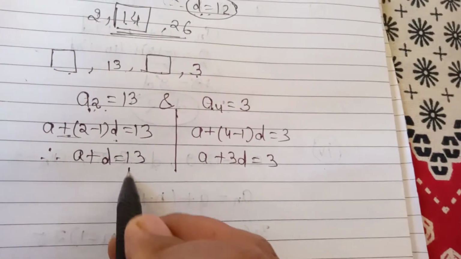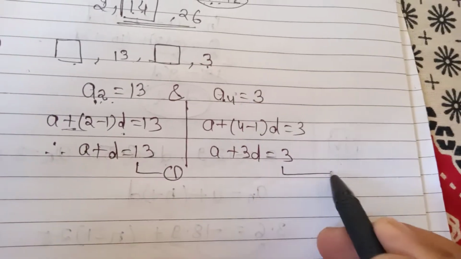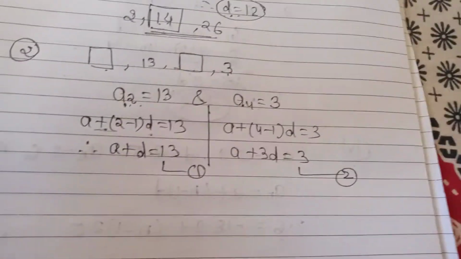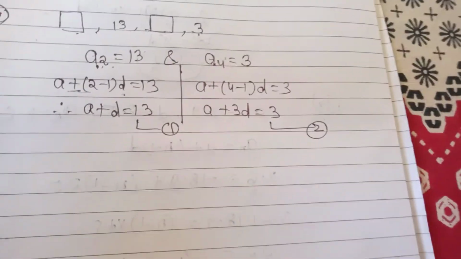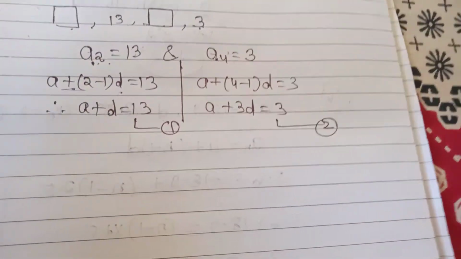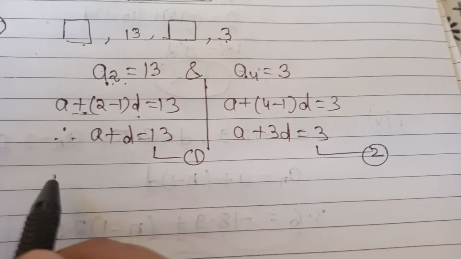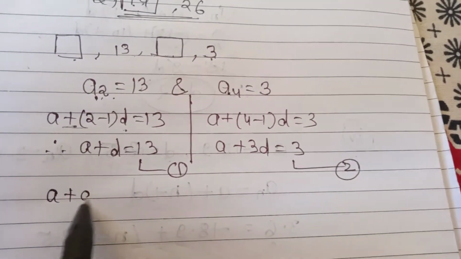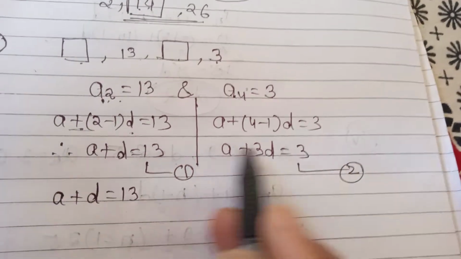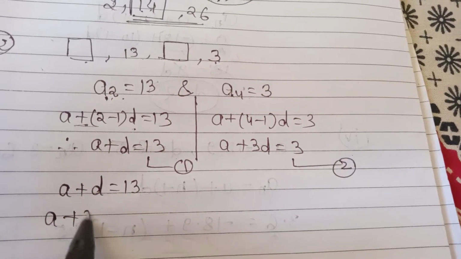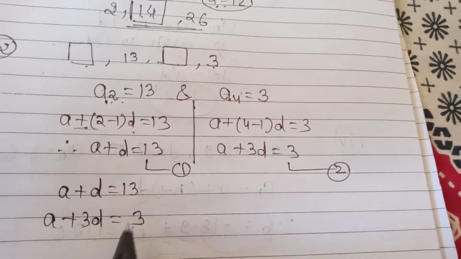Now we have the two equations, first and second, and we know all the methods: elimination, substitution, cross multiplication. But elimination is a bit easier and more convenient to solve such types of questions. So we'll go for elimination. We'll write a plus d is equal to 13 and a plus 3d is equal to 3.